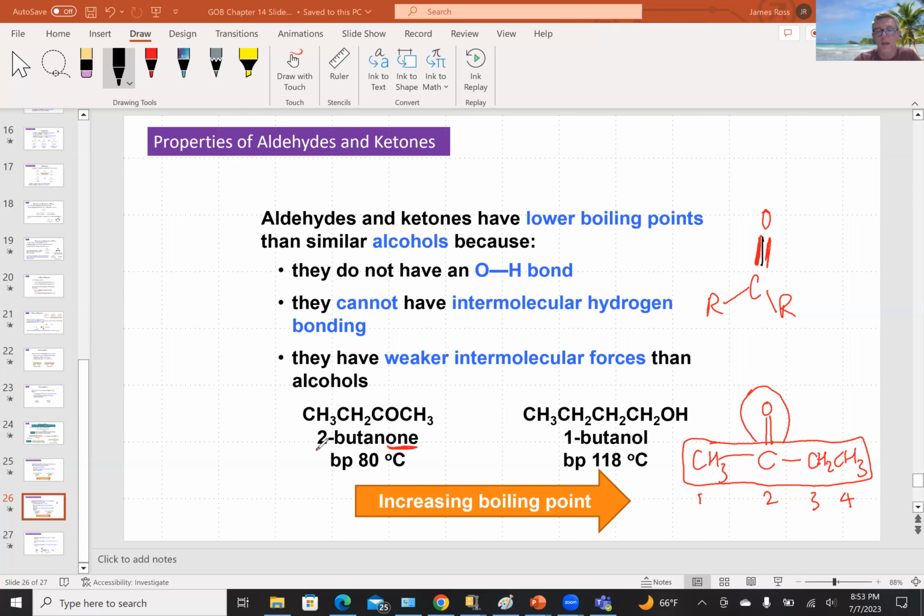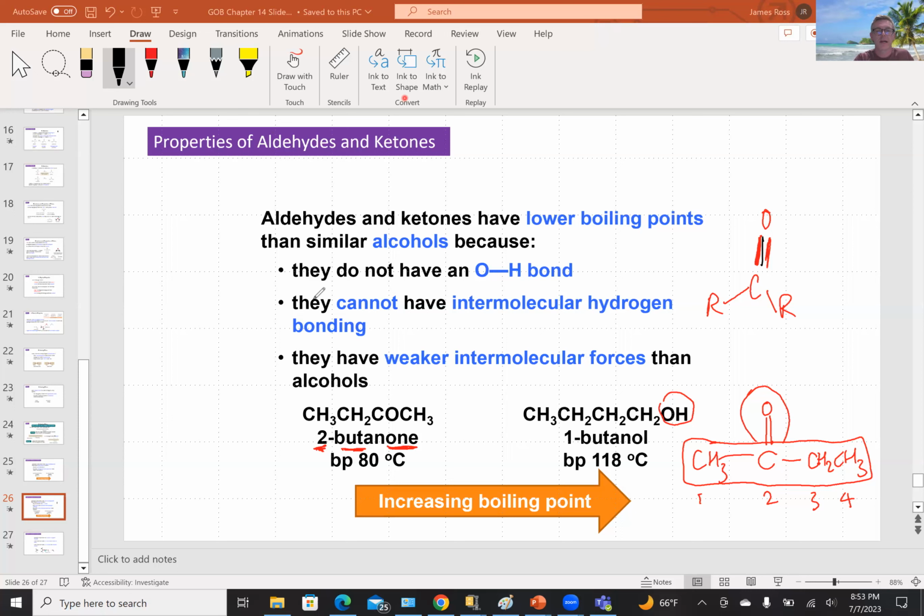The 2 tells you the location of the carbonyl on the carbon backbone. 2-butanone has lower physical properties than 1-butanol because the alcohol can hydrogen bond, the ketone cannot. And again, these are constitutional isomers of each other. Even though they're different functional groups, they have the same type and number of constituents.